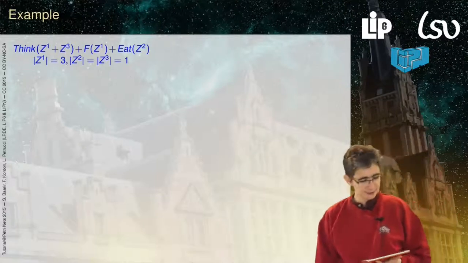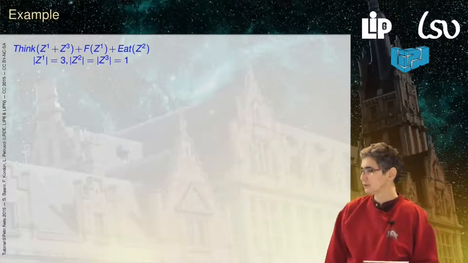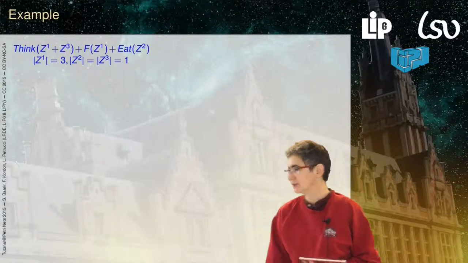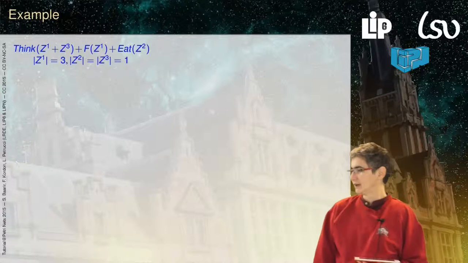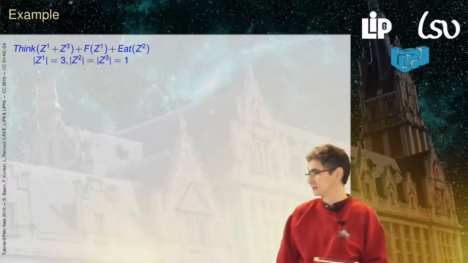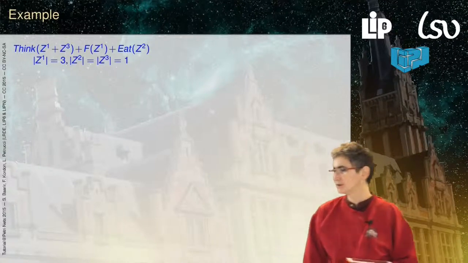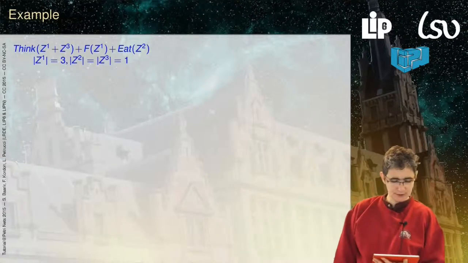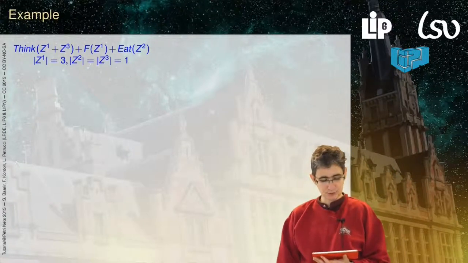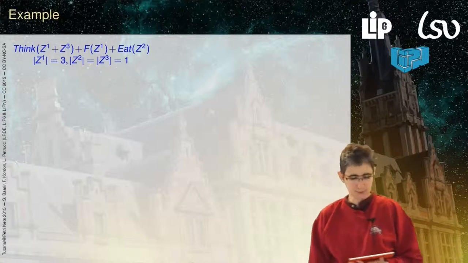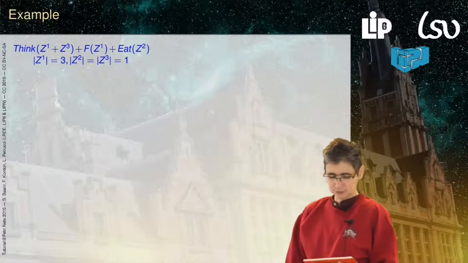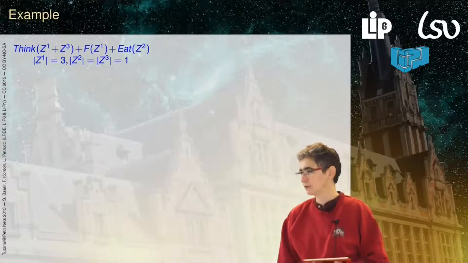So, if we take the philosophers example, we'll start with marking think of Z1 plus Z3, in which we have 3 elements in Z1 and 1 element in Z3, plus a fork in F of Z1, the 3 forks that are available, with the 3 numbers corresponding to Z1, plus eat of Z2, and Z2 containing 1 element.